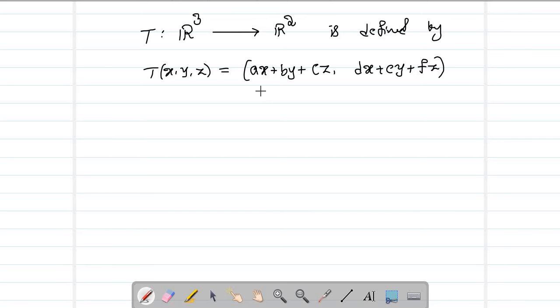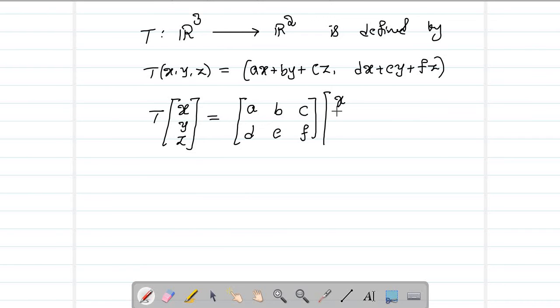Now let us see what is the relation between a linear transformation and matrices. For every linear transformation, we can get a matrix. The same mapping can be written with (x,y,z), which is the coordinate vector of (x,y,z) with respect to the standard basis, multiplied by the matrix with rows (a, b, c) and (d, e, f).